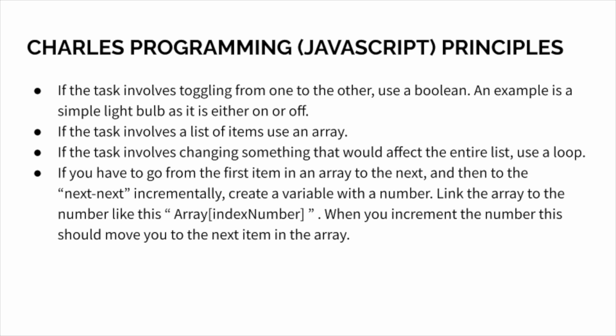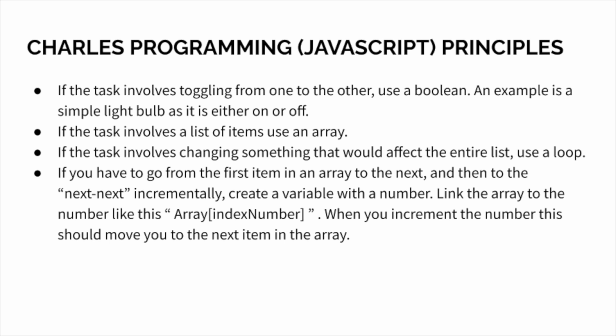For example, the program changes from white to yellow and from yellow back to white. If it's a light switch, the light switch is either off or on, so it's either light or darkness. If it's one or the other, you use true or false.